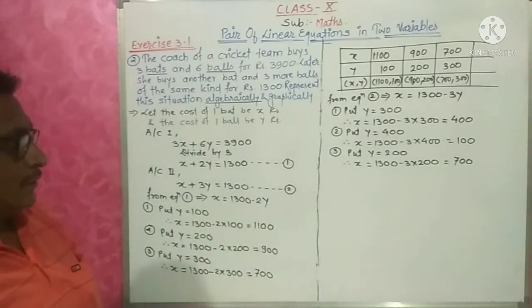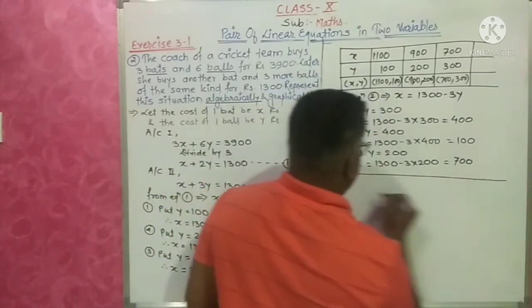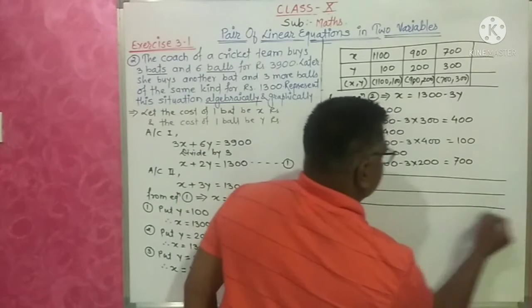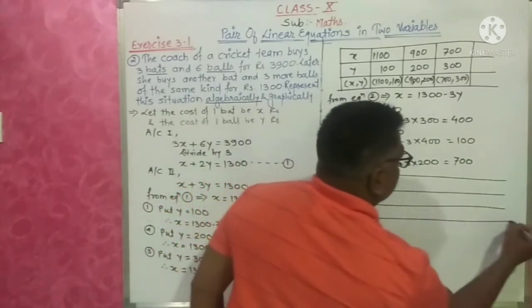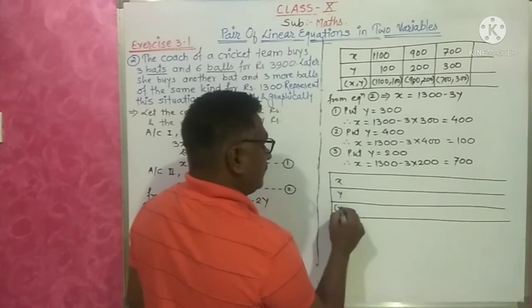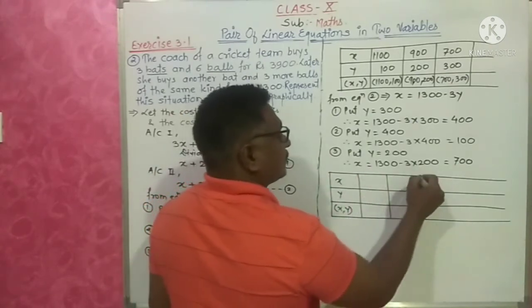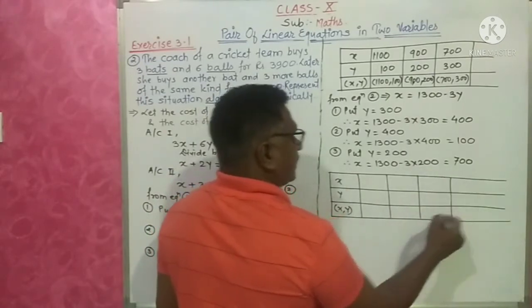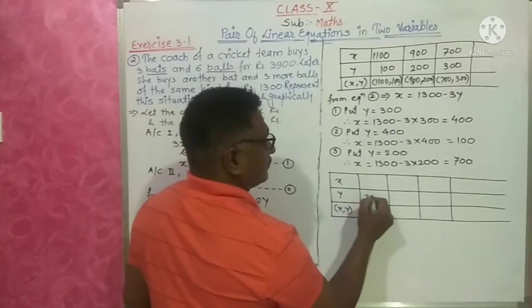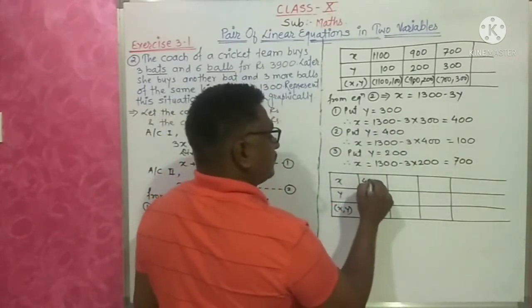Got it? So make the table: x comma y. First y is 300, so what is the x value? 400.